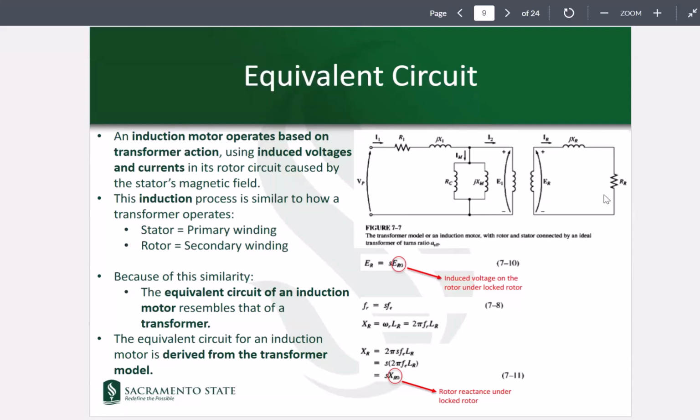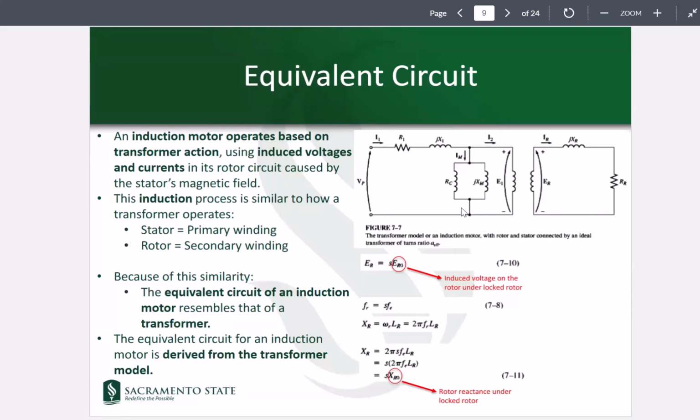And we are shorted, which is associated with the squirrel cage induction motor, right? So we are shorted on the rotor side. On the stator side, we have R1 and X1, the resistance and reactance. And we also have RC and XM, which represent the magnetization part, how the field in the stator is basically created.